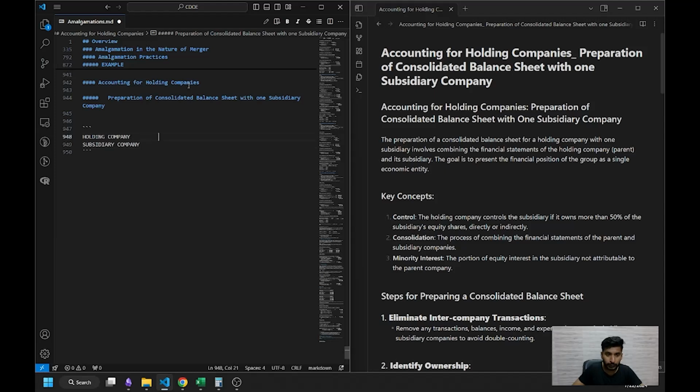A holding company is basically a parent company. For example, Reliance Industries is the holding.